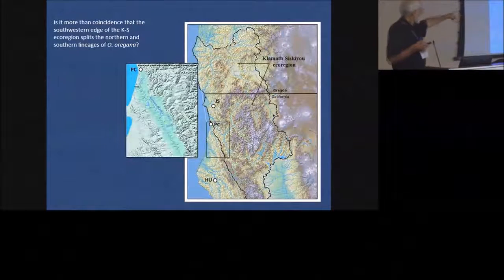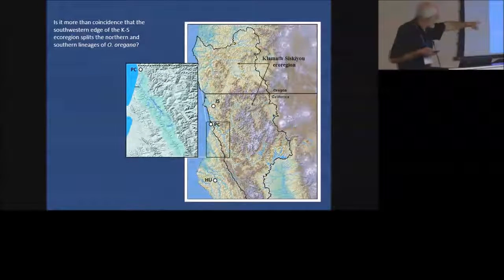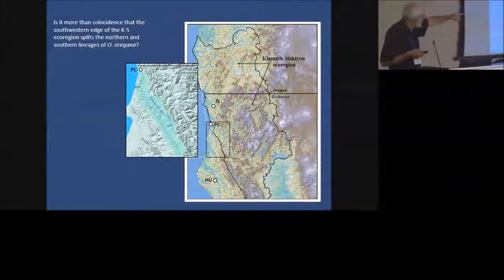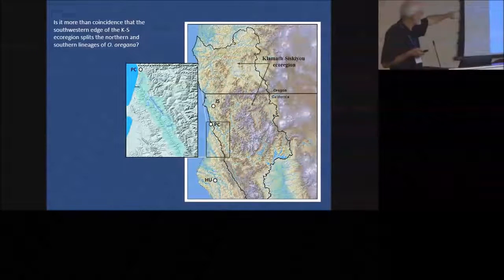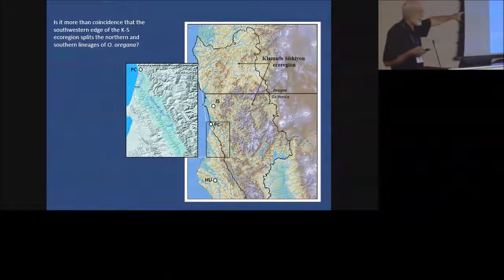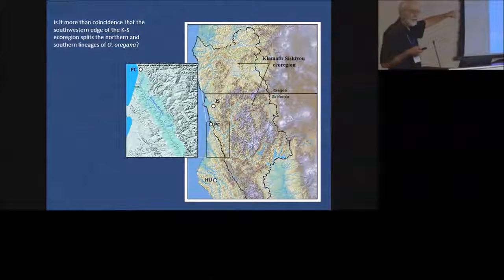Now, if you map the Klamath-Siskiyou region against my northern three populations, you find that Jed Smith is within the Klamath-Siskiyou region. Prairie Creek is right on the edge. Prairie Creek is in the Redwood Creek watershed, not in the Klamath River watershed, but it's only a few miles, and the elevation between the two is a little over 1,000 feet.